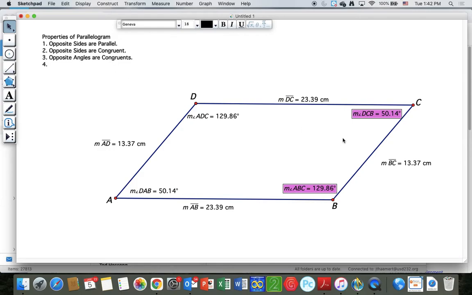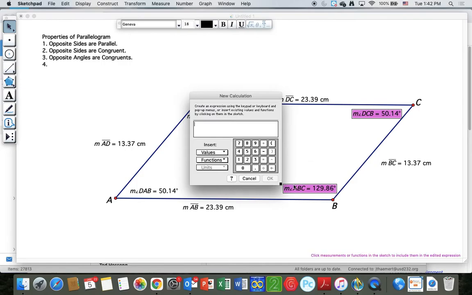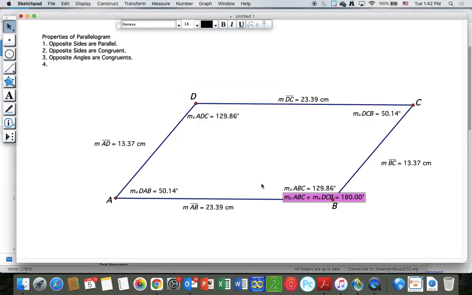Anybody care to guess? I'll do it quick. 180 degrees.